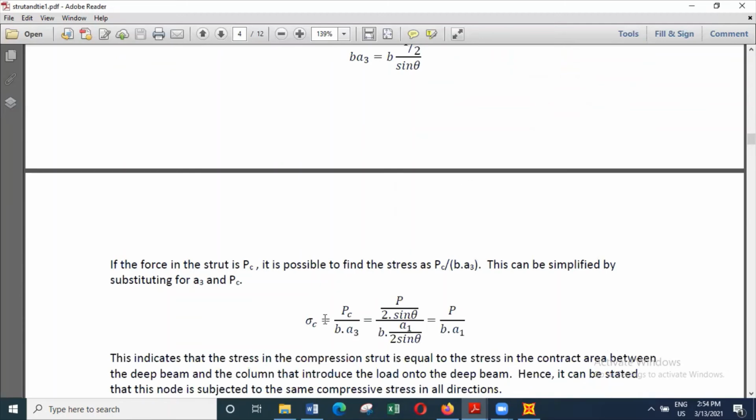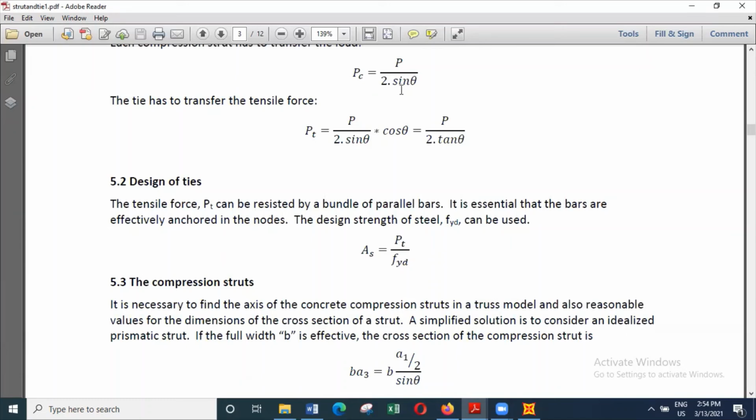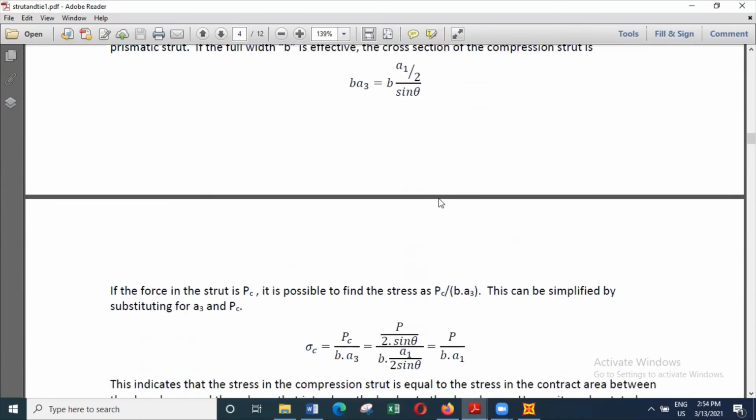So you can say the stress in the strut is equal to the force in the compression strut divided by the area, and the force is equal to here P over 2 sine theta, and B times A3 is given by this expression.